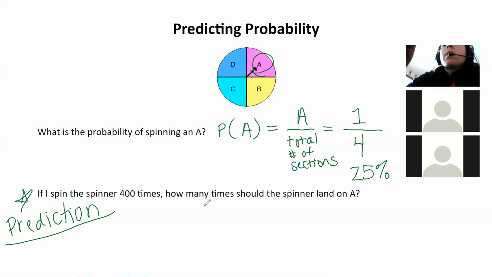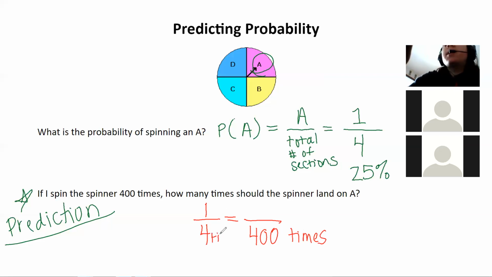Aiden, you're so right. That's exactly the way to think about it. Good job. So 1 out of every 4 times gets you an A on this spinner. Now we want to figure out how many out of 400 times.